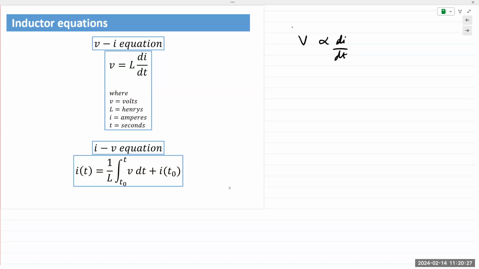Okay, if I changes, then when we say the rate changes, of course, and so voltage would appear across that inductor. So the equation is managed by a constant, the constant is the inductor value itself. So V equals L di over dt. That's where the equation would come from.